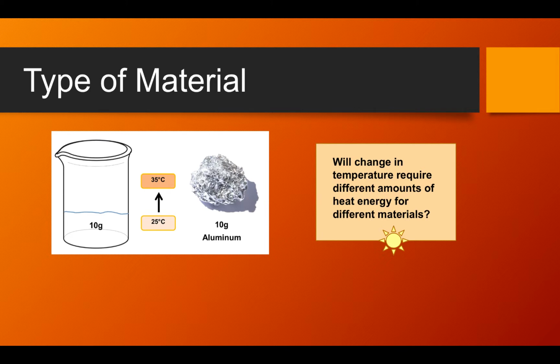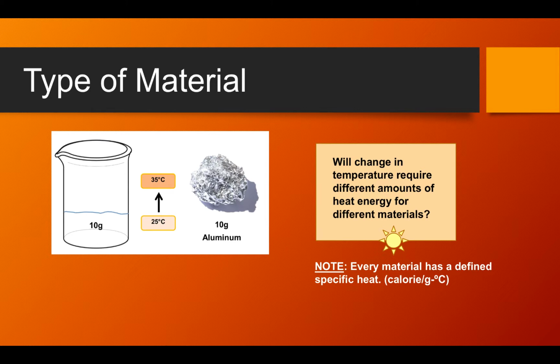Will it take different amounts of heat energy to do this? If you think about how you heat water on a stove, you know that the pot that's made out of metal heats up very rapidly, but it takes a while for the water inside to boil. The reason for that is that those are different materials, and it indeed takes different amounts of heat energy to heat different types of materials.